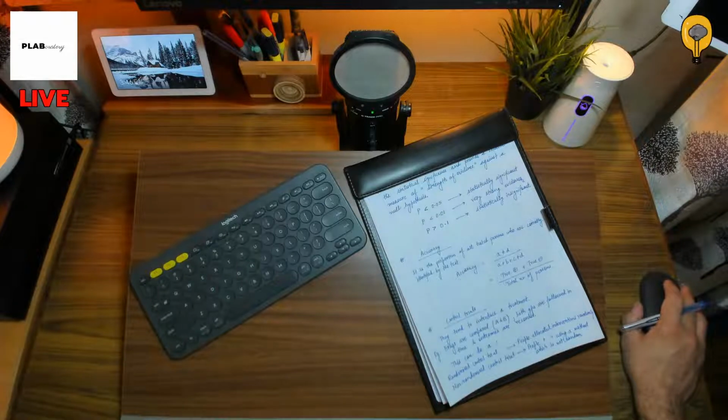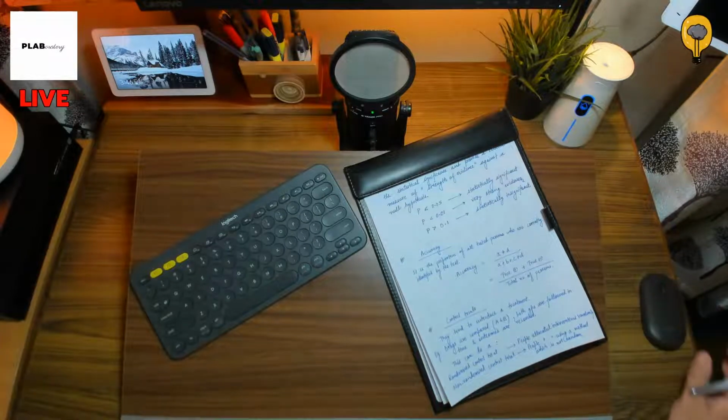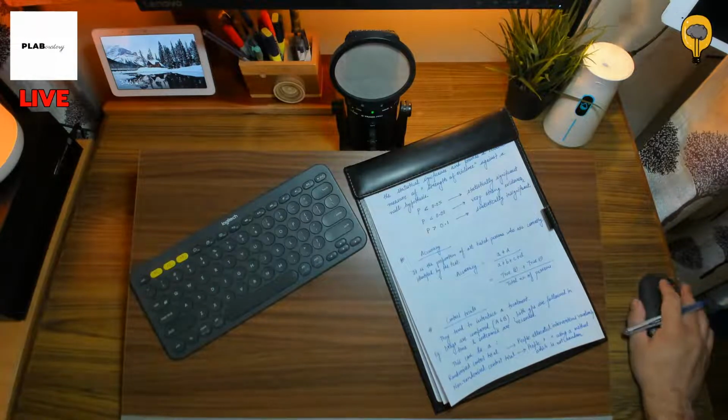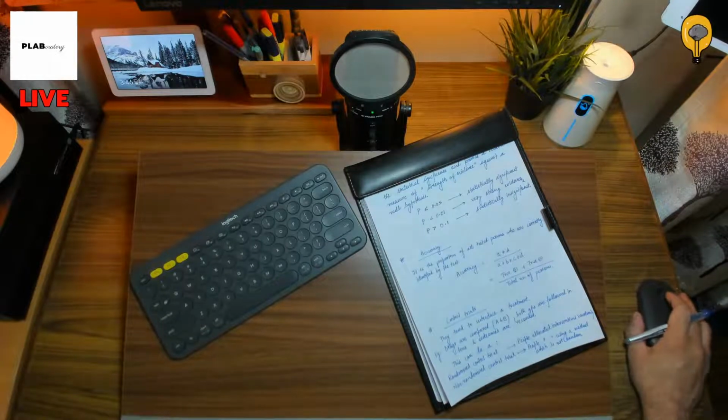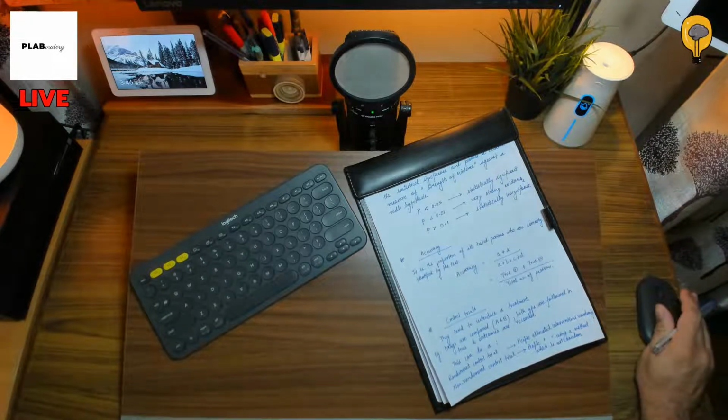They were false positive because they did not have the disease. So 170 divided by 170 plus 30, that is 170 upon 200. Because the options are given in percent, we have to multiply it by 100, so the positive predictive value would be around 85%.